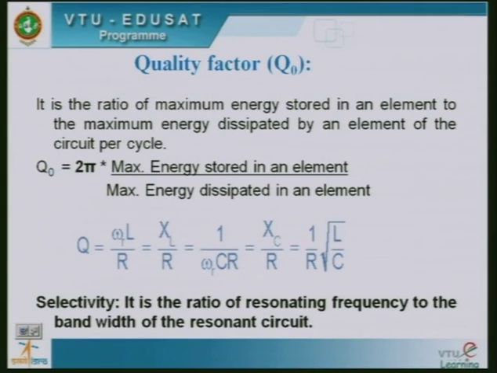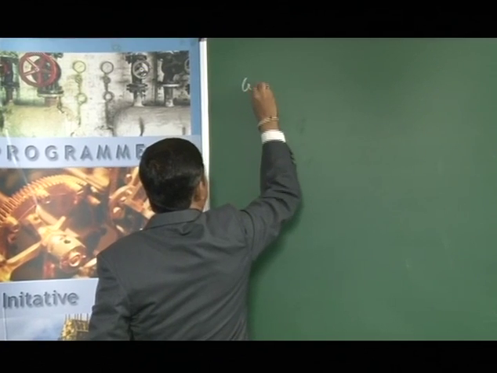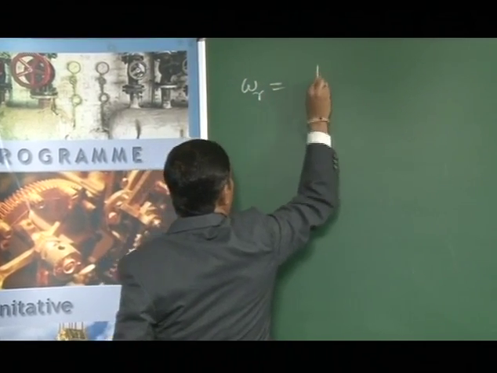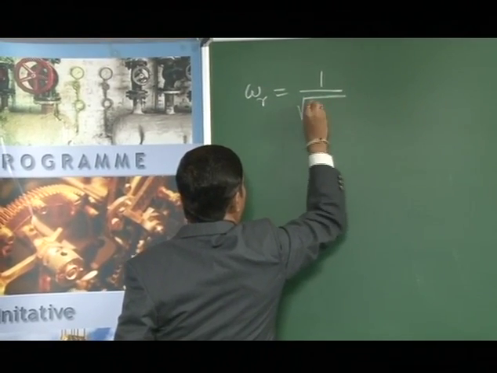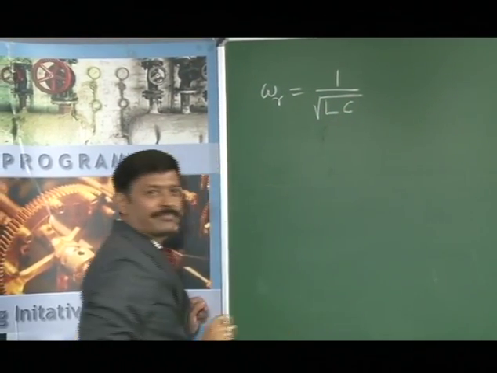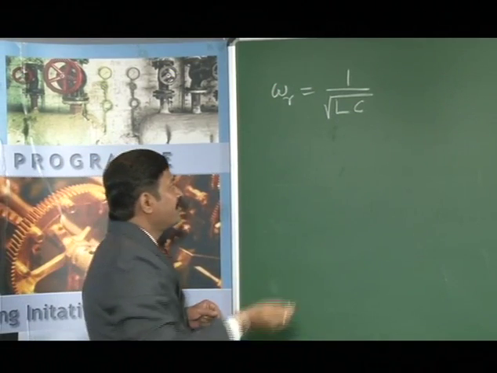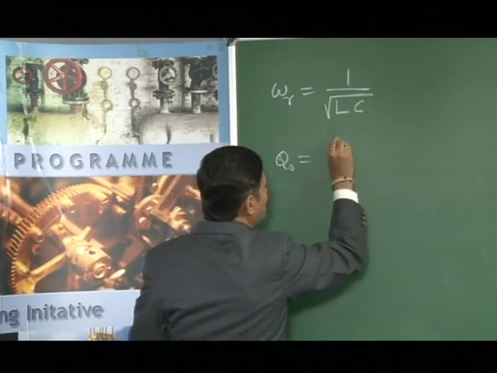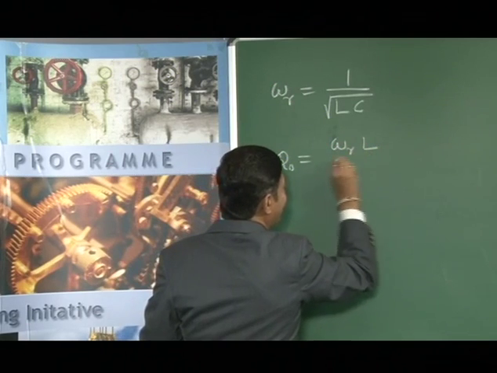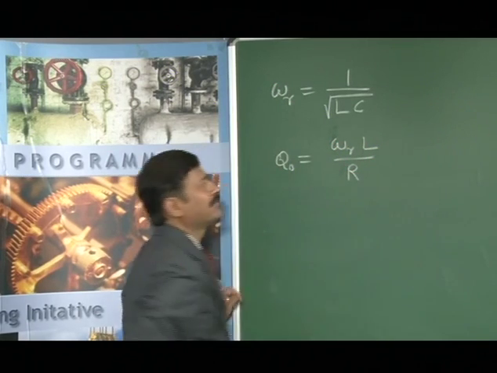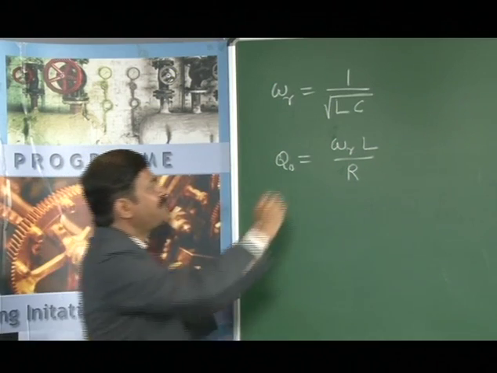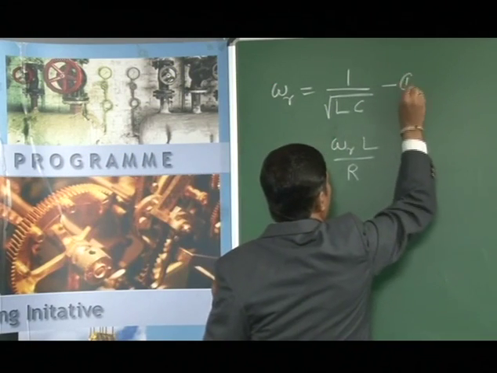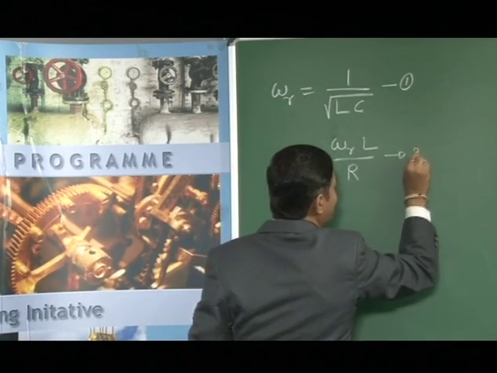An alternative expression for Q naught: we know that omega r is equal to 1 by root of LC. And we have the expression Q naught is equal to omega r L by R. This you call equation 1 and this you call equation 2.